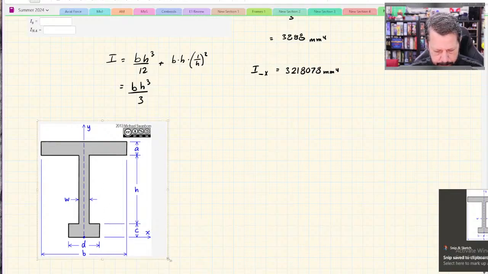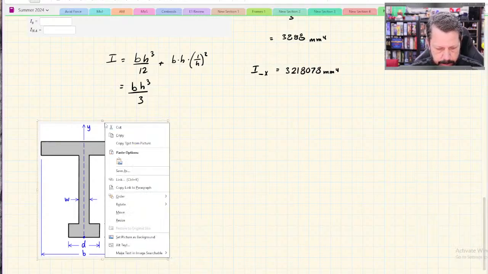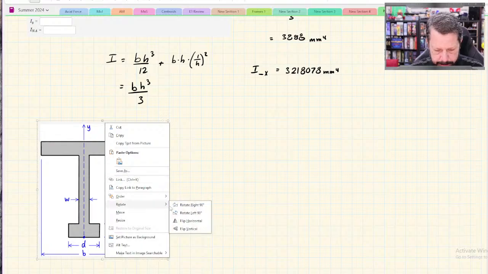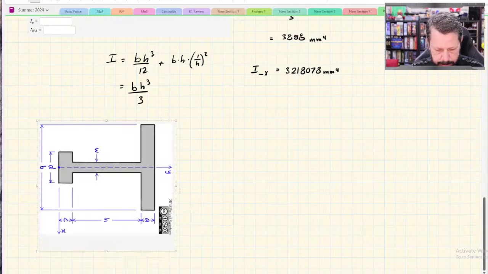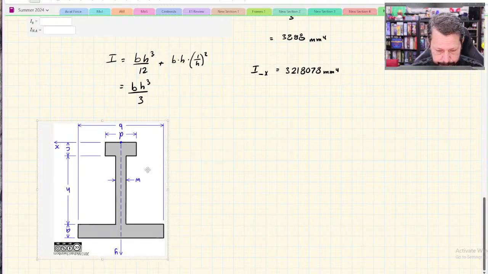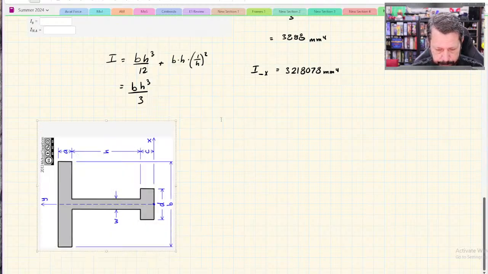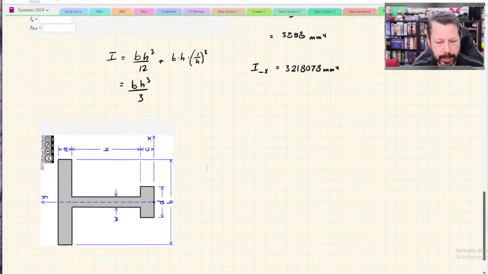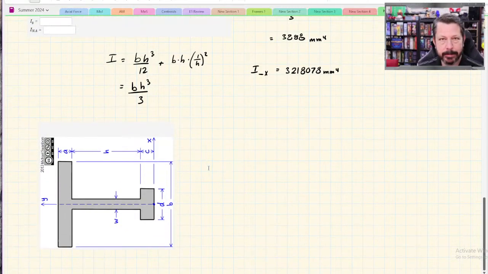And rotate it. There we go. I'm rotating it because it might be easier to visualize what's going on here.